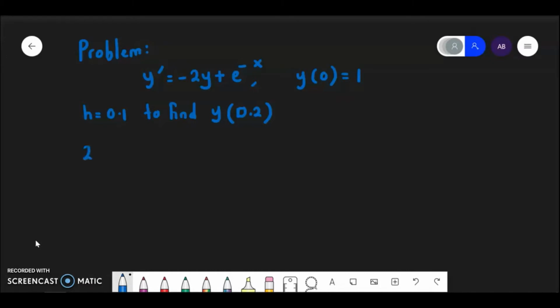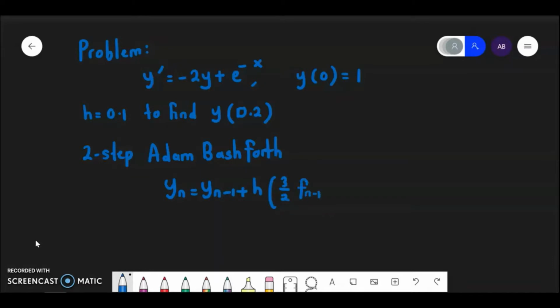We want to use two-step Adams-Bashforth, which is given by yn equals yn minus 1 plus h times 3 over 2 f at n minus 1 minus half f of n minus 2.